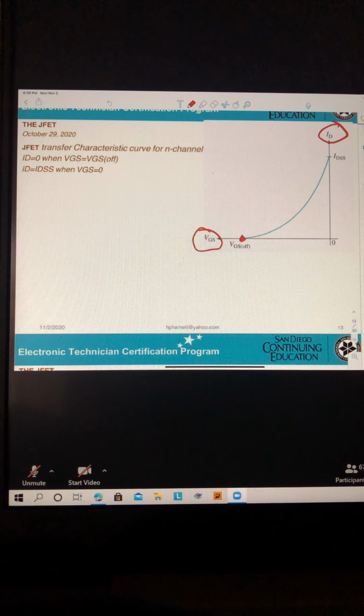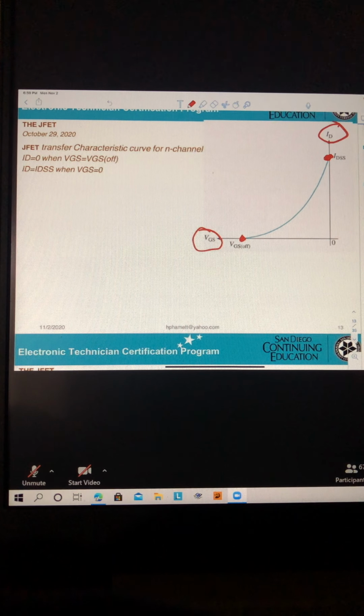And at another point right here, what is VGS? VGS is 0. So that's what they call IDSS. They say ID equals 0 when VGS equals VGS off, or ID equals IDSS when VGS equals 0.